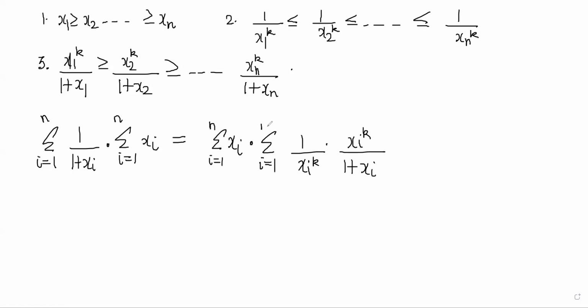The summation i goes from 1 to n. The second summation is still the same, but I have multiplied and divided by this just to make use of the information that we know already, right? Okay.